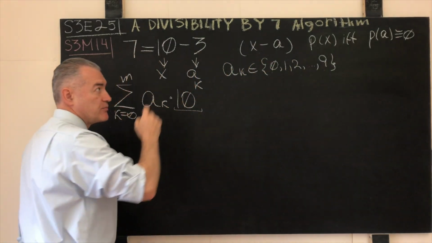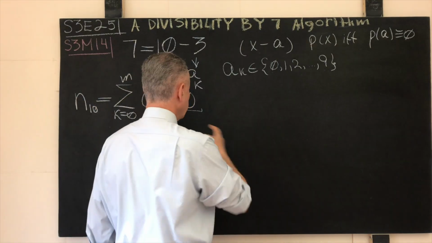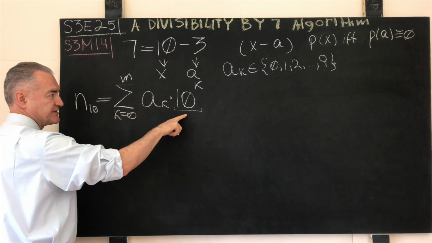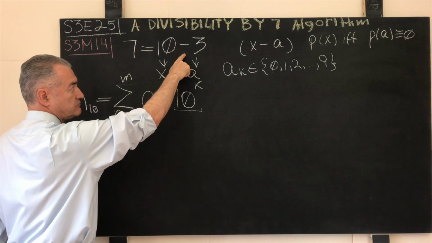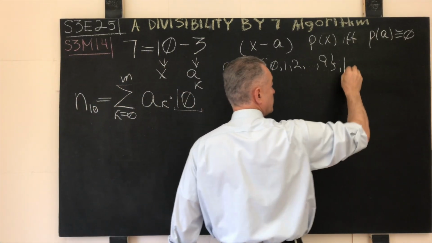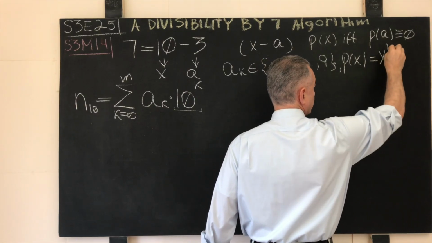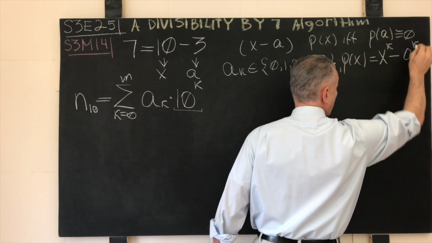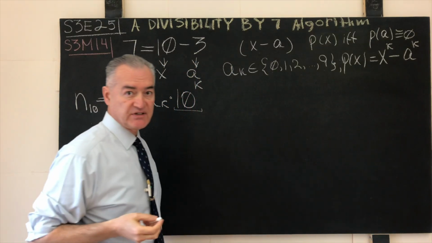So what is the shape of the polynomial that is advantageous to us in this case? Well, again, this decomposition of a given number over base 10 should give you enough of a hint if you recall this childish observation. The shape of the polynomial should really be p of x is x raised to the power of k minus a raised to the power of k. This shape of the polynomial is especially advantageous.